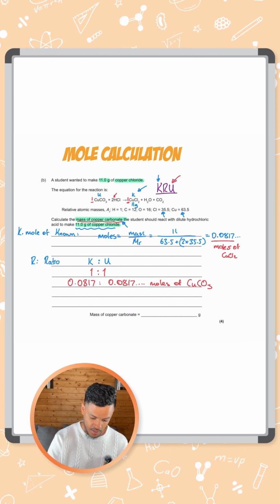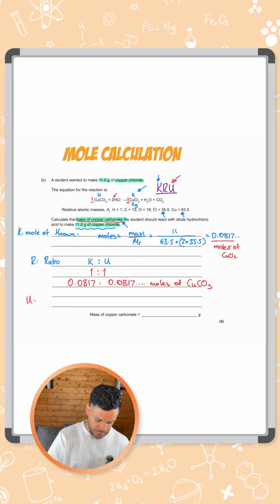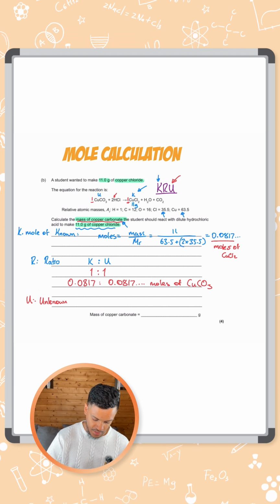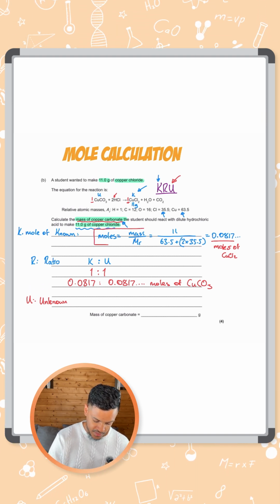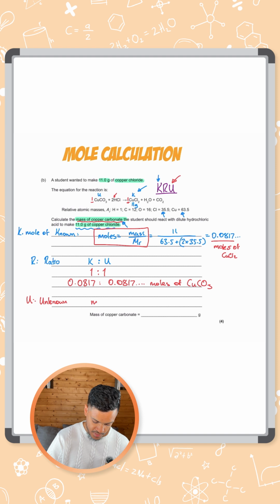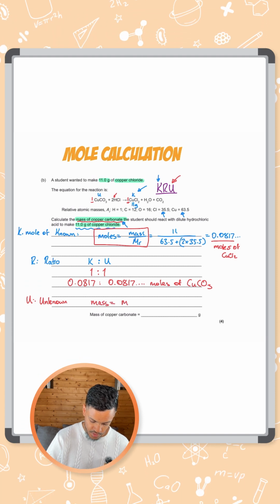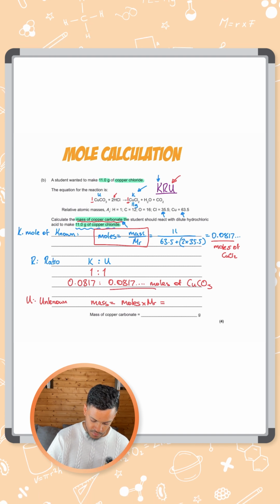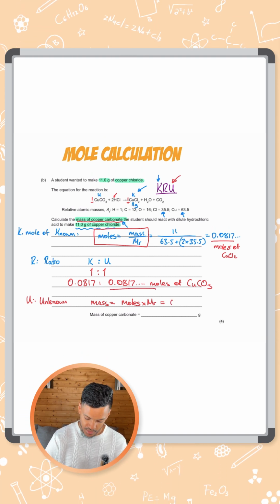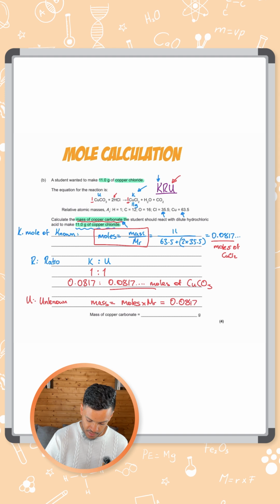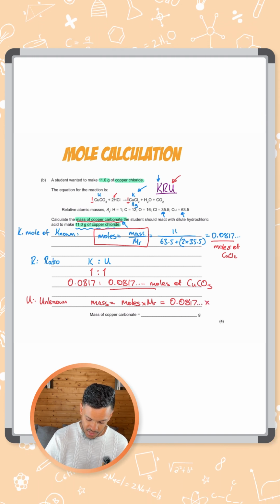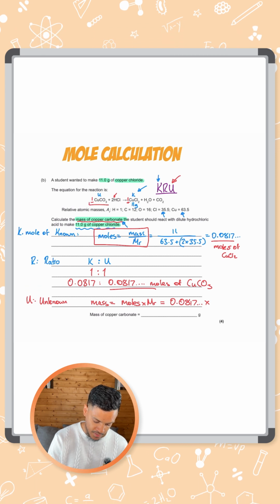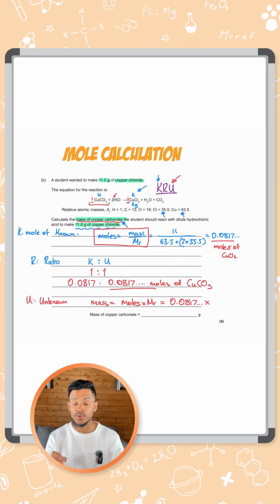So that's where our third step, U, comes in. U stands for unknown. So we want to find the mass of the unknown. We're going to rearrange this equation now to give us mass is equal to moles times Mr. We've got our moles here already. Is that number that's already in your calculator? So there's 0.0817, times that by the Mr. This time we want the Mr of copper carbonate because we're working out the unknown, not the known.